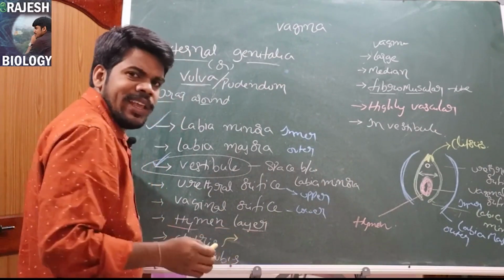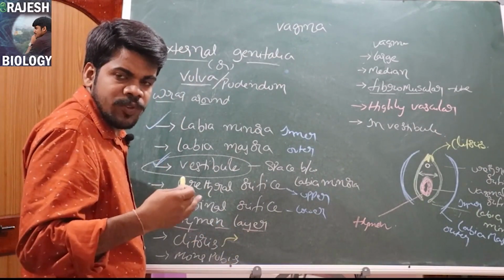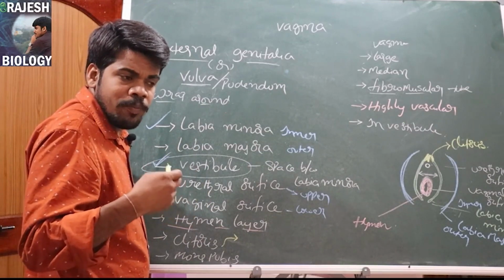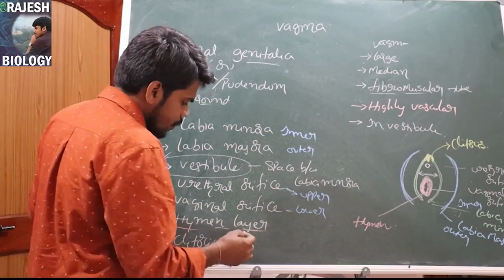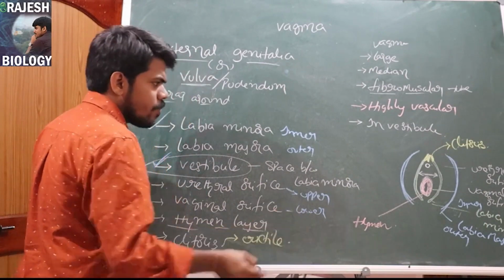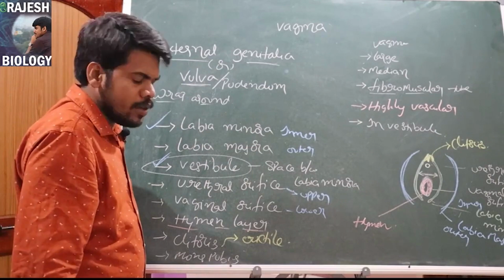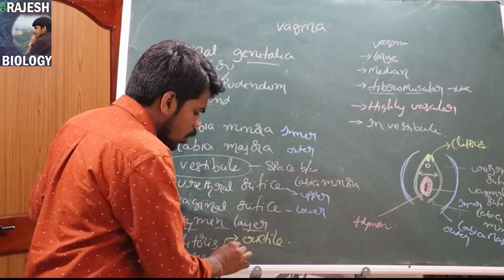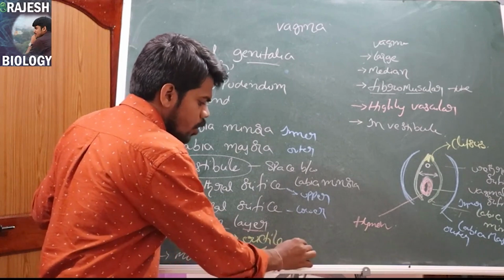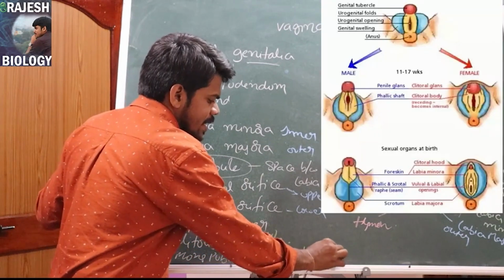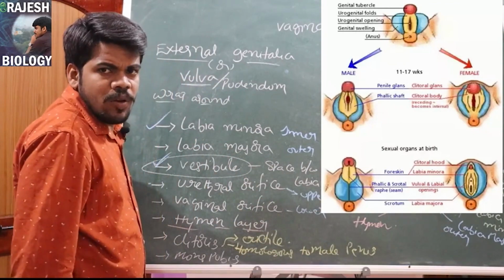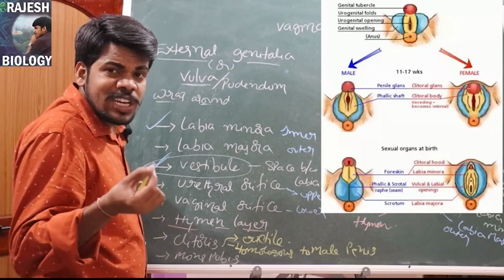If you already listened to our previous class about the penis and external genitalia, we used the word erectile. Here it is the erectile organ, so it is homologous to the male penis. Homologous organs means what?